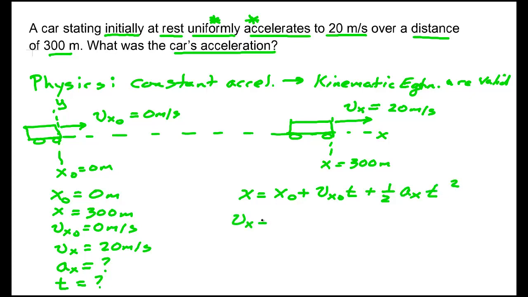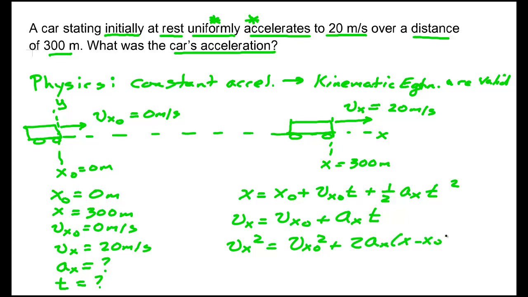The final velocity is the initial velocity plus the acceleration in x times time, and the final velocity squared is the initial velocity squared plus 2 times the acceleration times the change in the position. These are the three kinematic equations. Three of them, so there's more than one way probably to solve since we only have 2 things to solve.